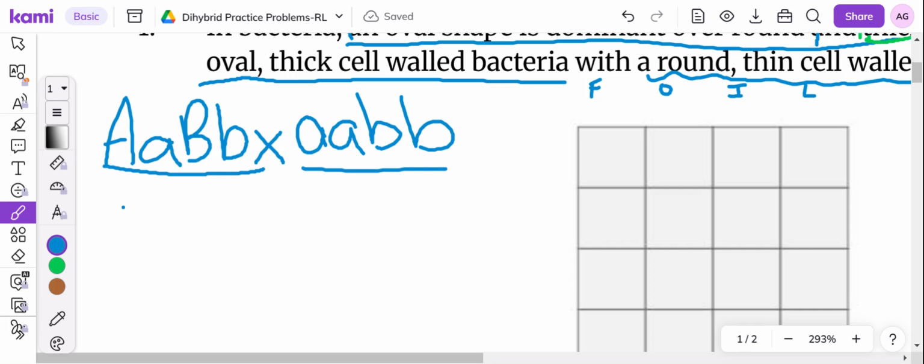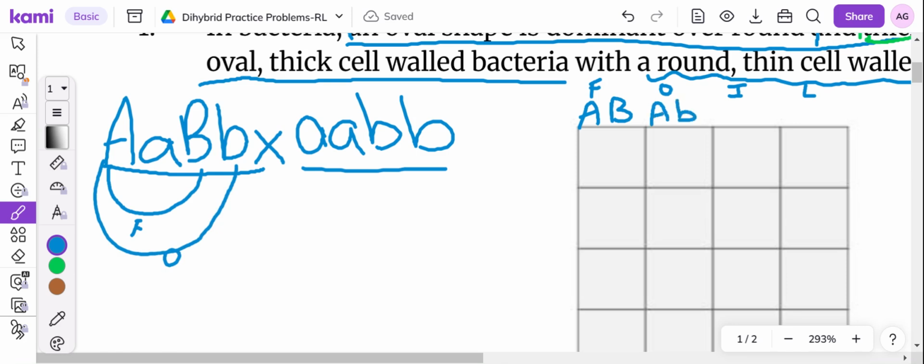So the first allele of both of the traits, the first A and the first B. I'm just going to mark up my paper like this so you can see where the F is coming from. So we're putting big A and big B over here. O is for outside. That's the outside allele, so literally the outside A and the outside B. So that is a big A and a little b.